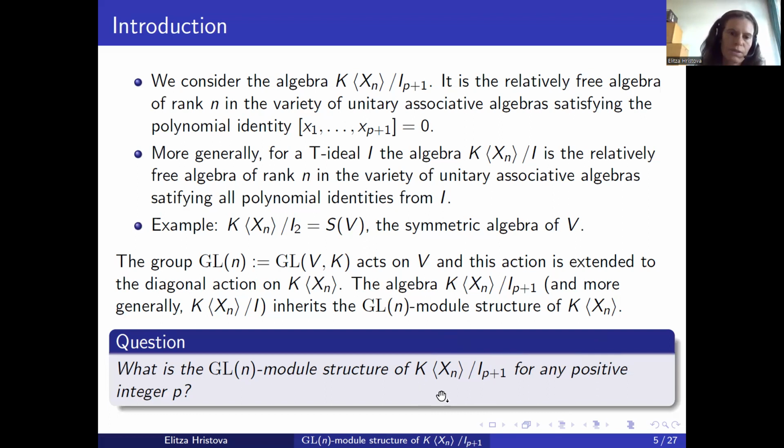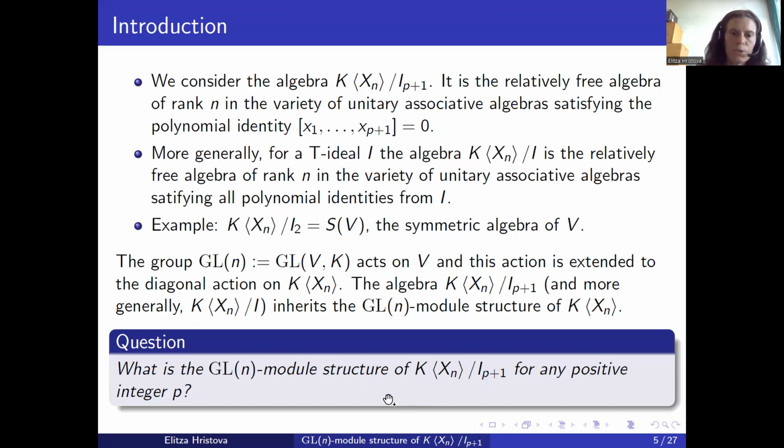So we are interested, let me say it again, in describing the GLn module structure of this quotient. And here I just want to mention that this problem, finding the GLn module structure of such quotients, has an equivalent formulation in terms of modules of the symmetric group. And many of the results that we will quote were originally written in this formulation.